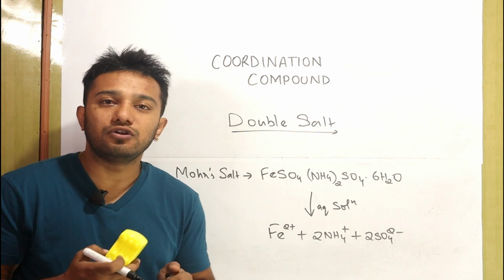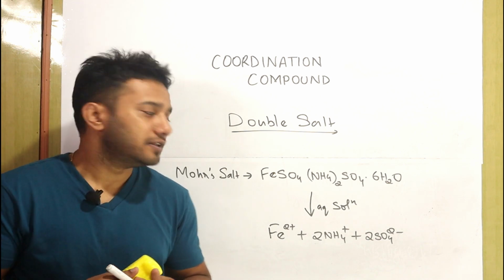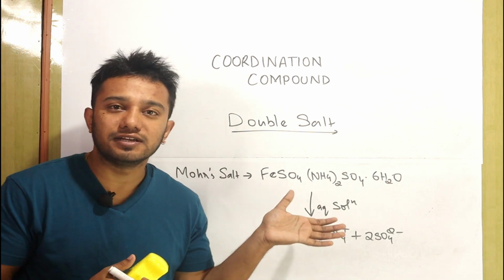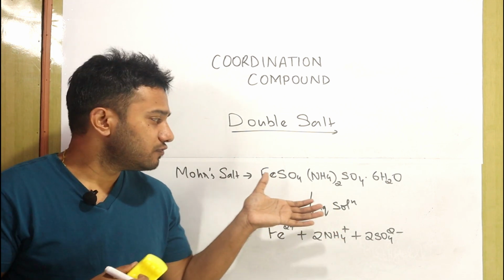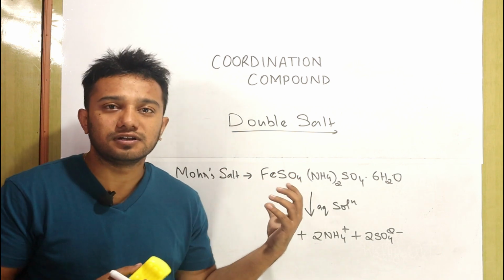So in this process, it even loses its identity. It exists only in solid state as well. So these are some of the points of double salt as well.